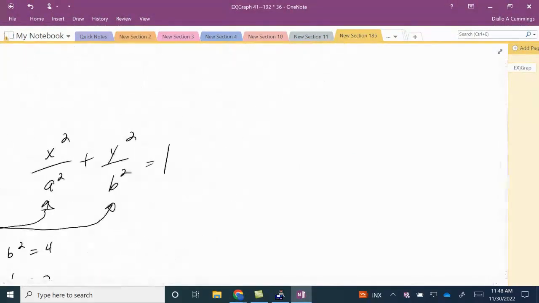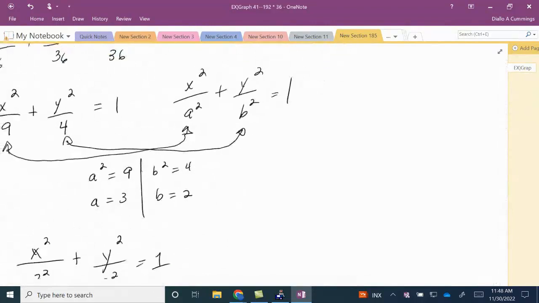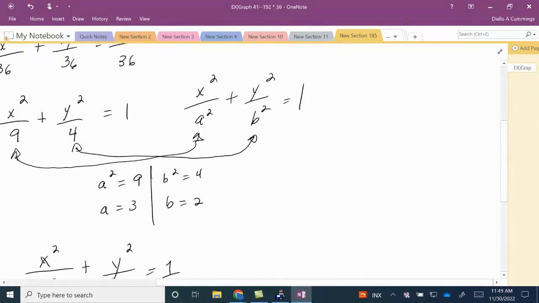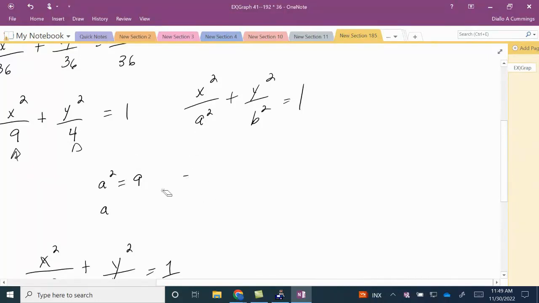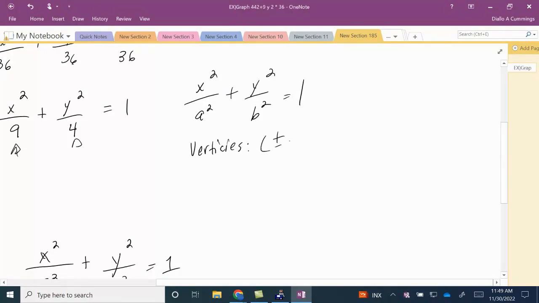So I'm just going to go here for a second. If this is our model form, the vertices are located at plus or minus a comma 0.